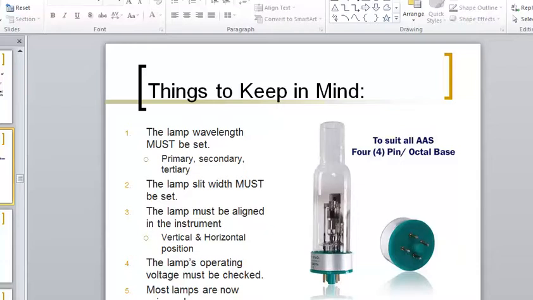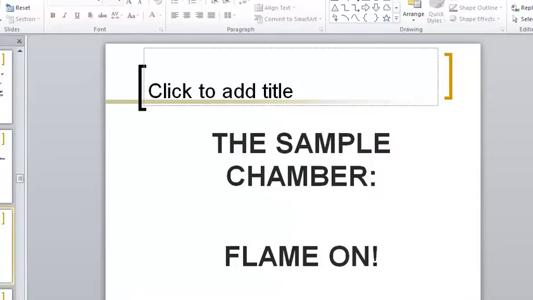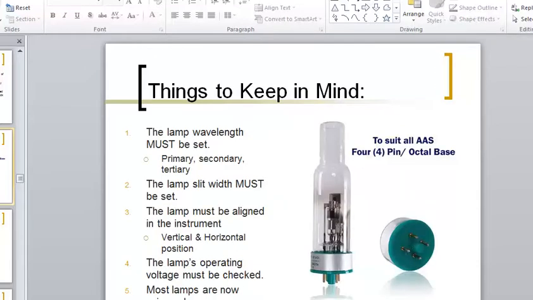Number one is you have to choose the proper wavelength. So up here at the very top, you're going to see this magical word of primary, secondary, and tertiary. Now, what does primary, secondary, tertiary mean? Well, we're not going to talk about that yet. That is to come. But I have to make sure that I pick the proper wavelength to run the sample at.